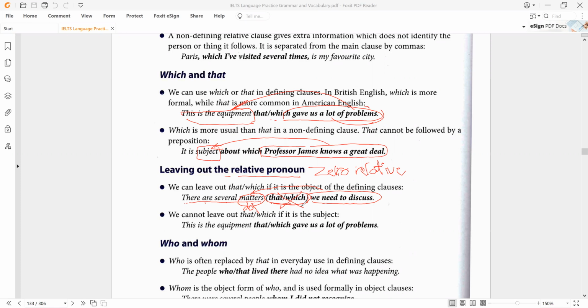There are several matters which we need to discuss. هذا في spoken. أما في written أنتوا أحرار. في writing you can say there are several matters that we need to discuss, or just there are several matters we need to discuss. فإذا هنا حسب السياق، حسب سرعة الكلام. Okay, we cannot leave out that or which if it is the subject.